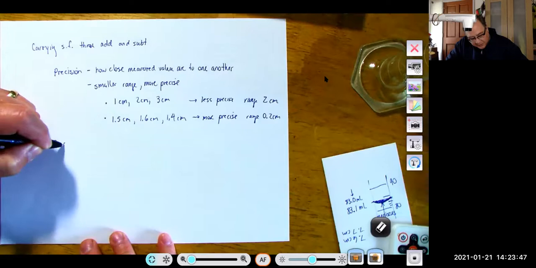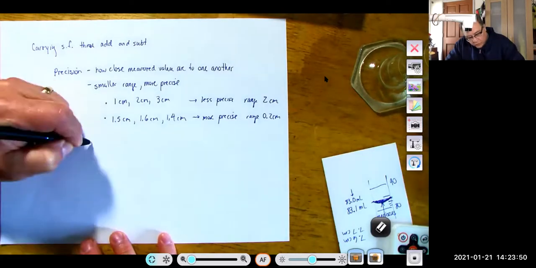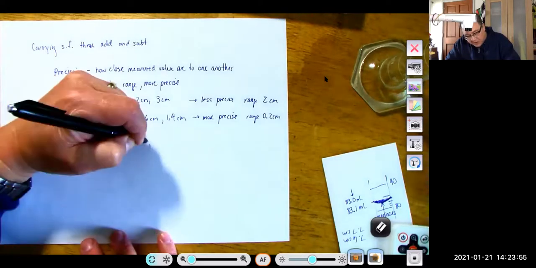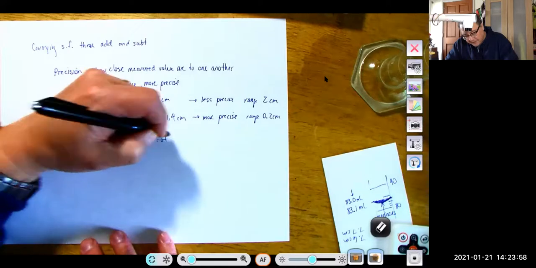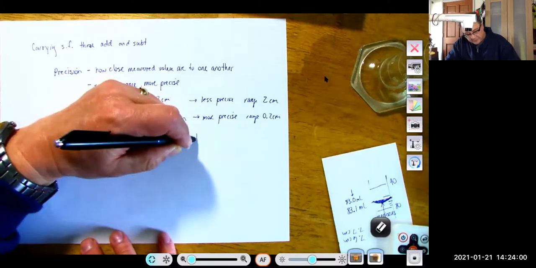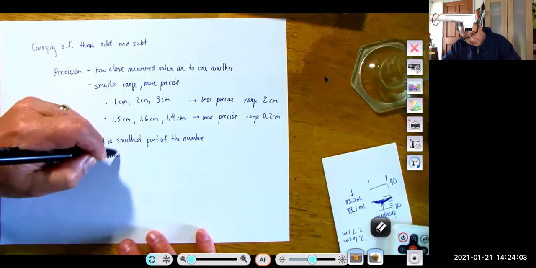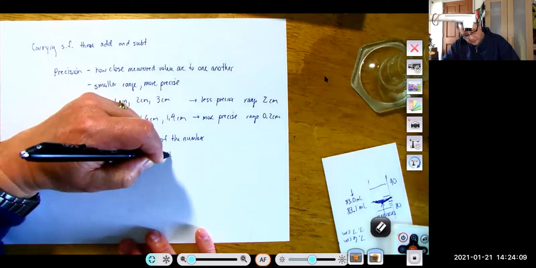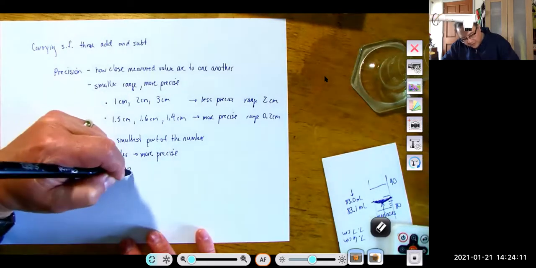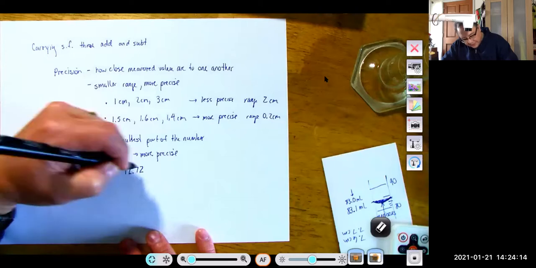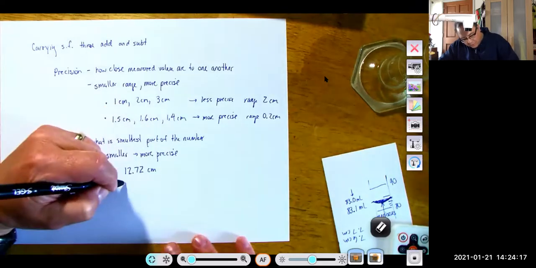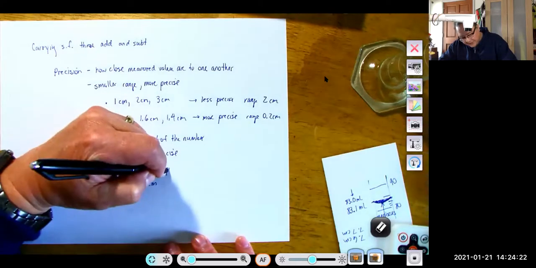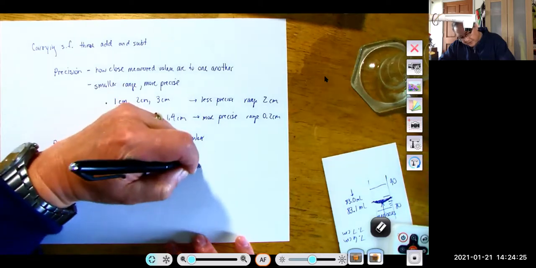Another way to look at precision is, what is the smallest part of the number? Smaller is more precise. So if we have 12.72 centimeters compared to 12.7 centimeters, this is precise to the hundredth.